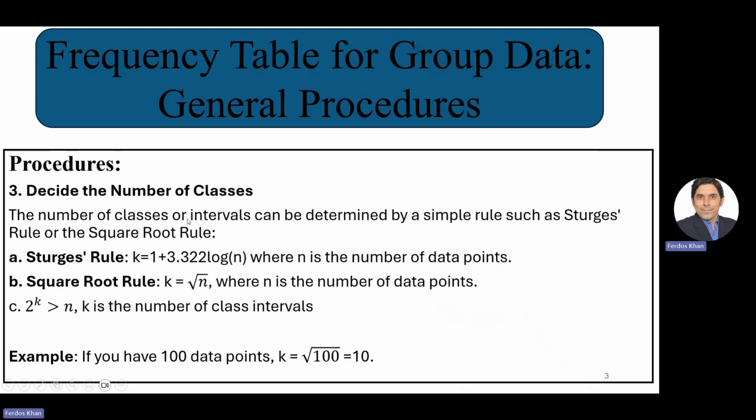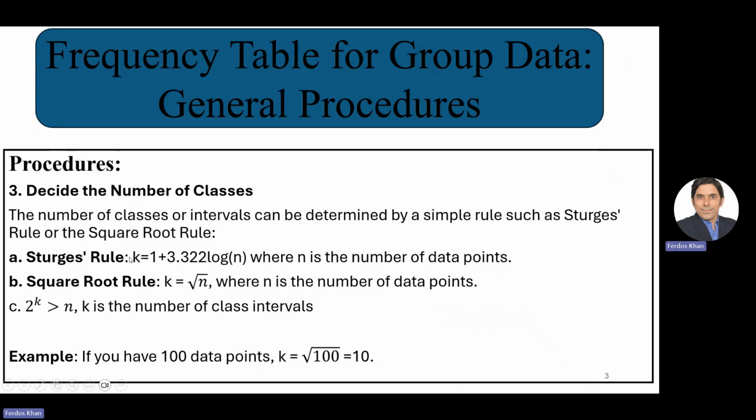The number of classes or intervals can be determined by a simple rule such as the Sturges rule, the square root rule, or the third rule, 2 power k greater than n. We can use any of these rules, but mostly I prefer this one, rule C. Let's talk about each of them.